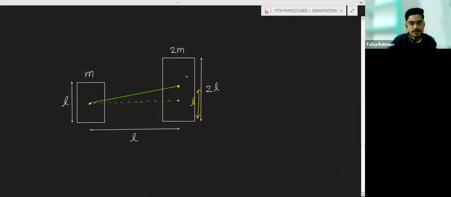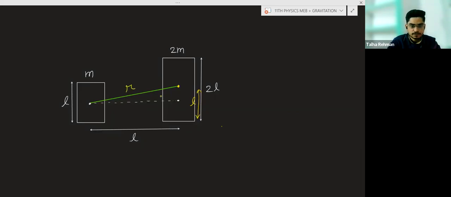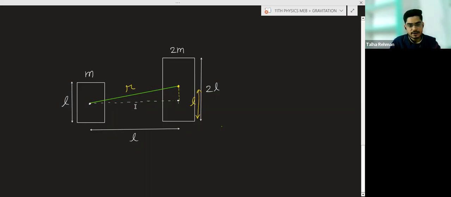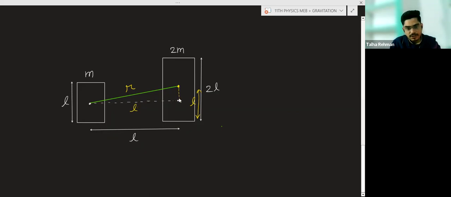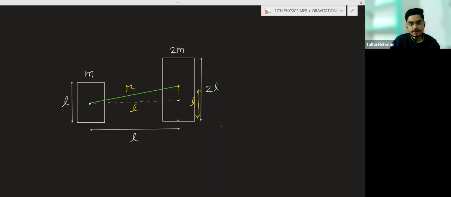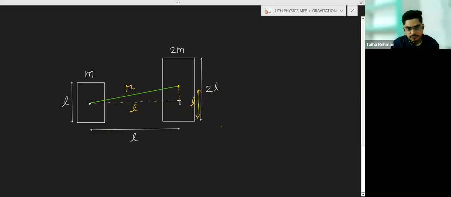For finding the force, this will be your R. Now this becomes a triangle. This distance is R, and in this triangle this distance is L. Now what will be this distance? Divyangi, tell me.